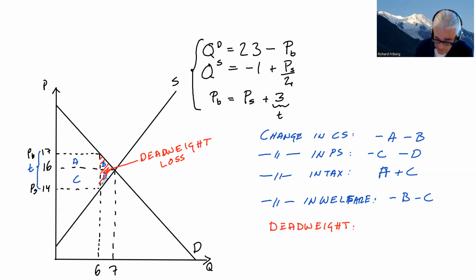The base of that triangle is 3, the tax, times the height of the triangle, 7 minus 6, which is 1, divided by 2, since the area of a triangle is base times height divided by 2. That gives 1.5 euros, or million euros, or whatever units we're working in. So that's very briefly how we examine the welfare effects of a tax, or of a unit tax in particular.